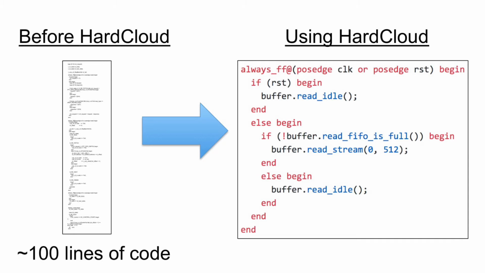As you can see in the SV code on the right side, HardCloud simplifies this request with 3 functions: idle, to set no operation state; read FIFO is full, to verify the full status of the read request FIFO; and read stream, to request 512 cache lines from buffer ID equals to 0.